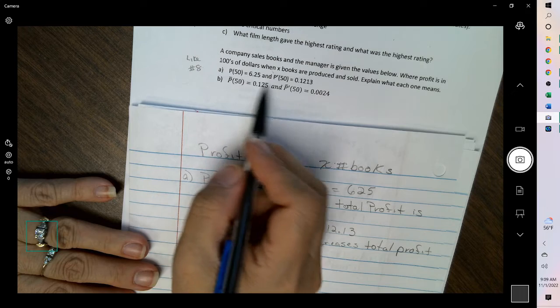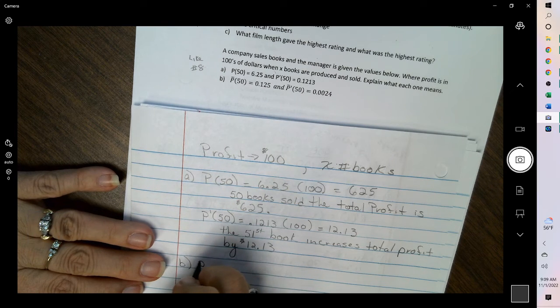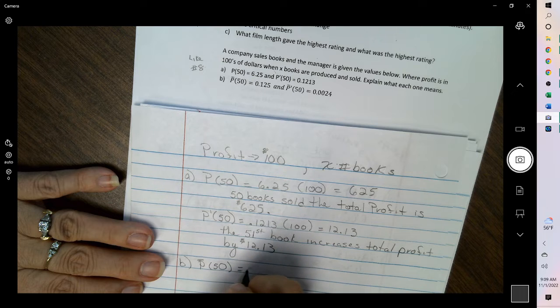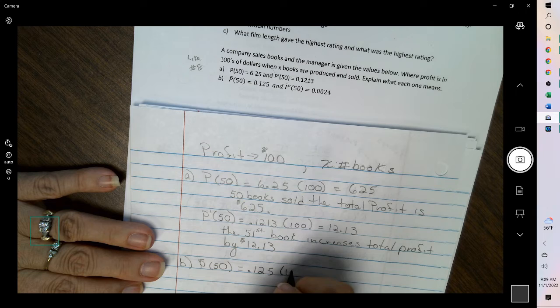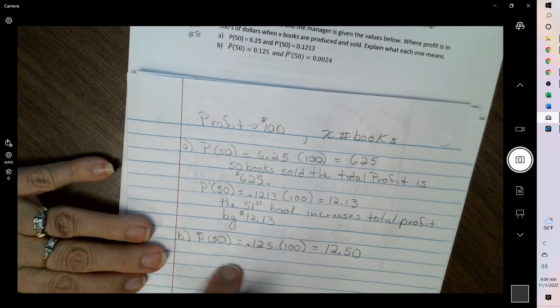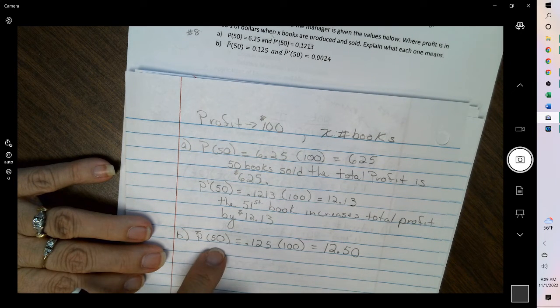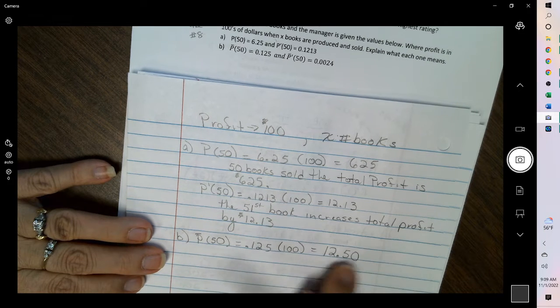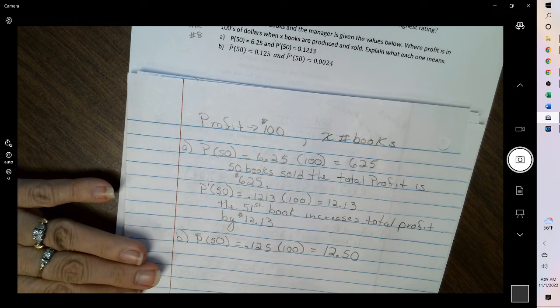B is working with the ones with the line over it. So this is saying when we produce and sell 50 books, we make $12.50 from each book.